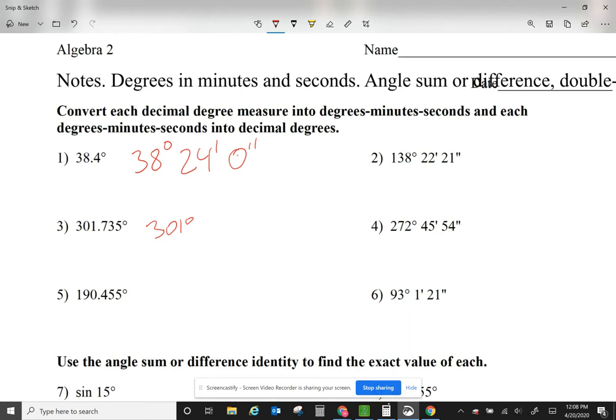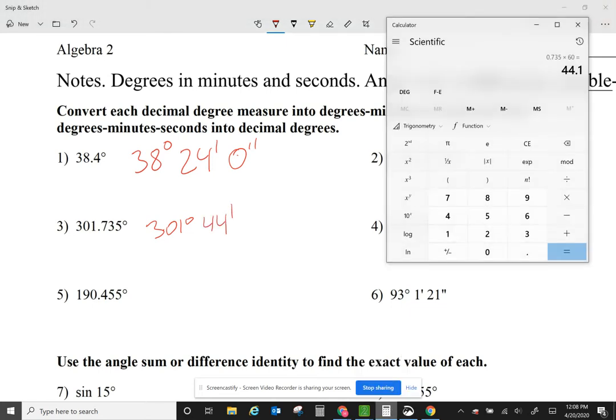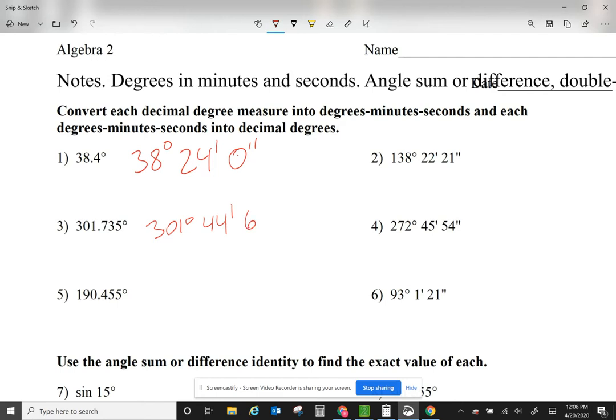So what that means is that I have 44 minutes. Now, let me take the decimal part, 0.1, and multiply this by 60. And I get 6 seconds. Notice each time I was multiplying by 60 and just looking at the decimal part.